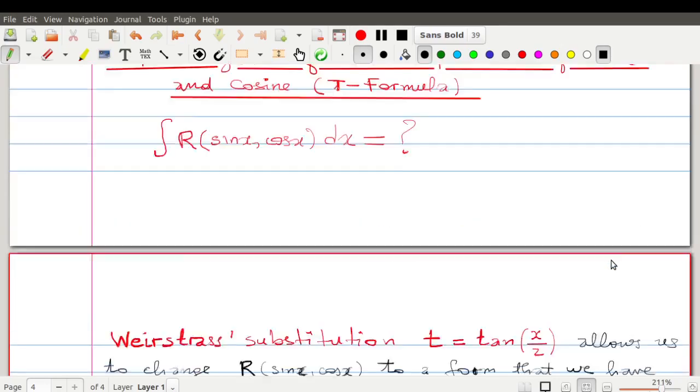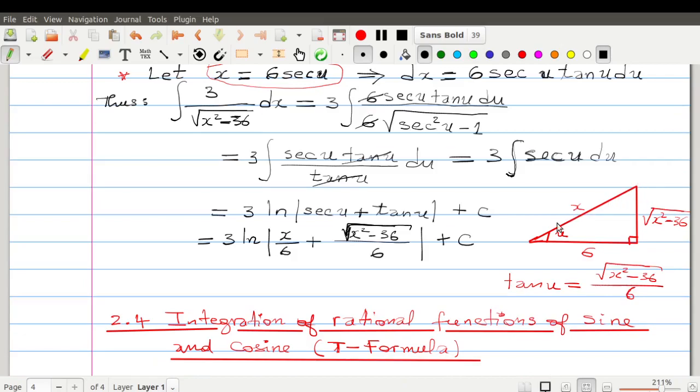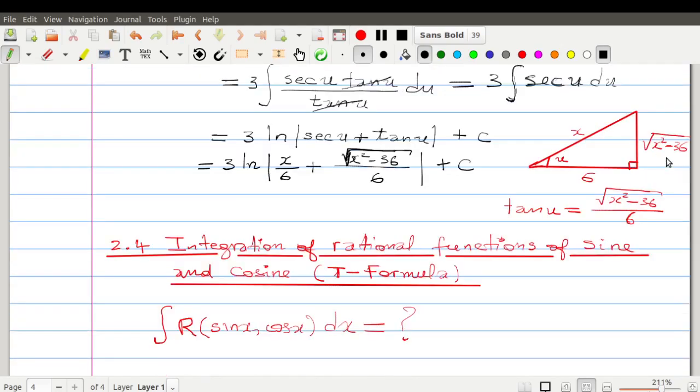So if you recall the triangle that I drew here, I can do something similar, but this time we are going to use our half angle here. We write the various expressions.